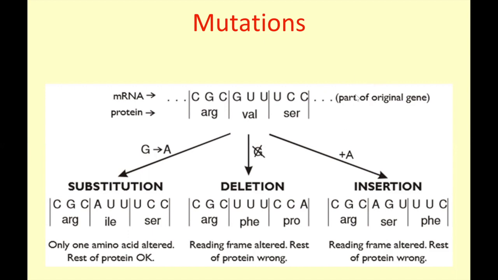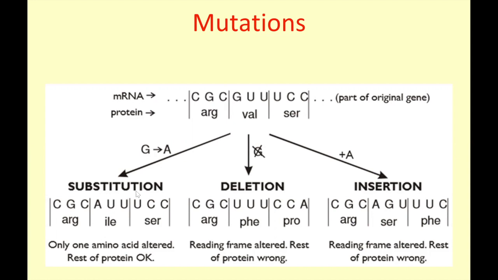Okay? So, when we're talking about mutations, folks, we're talking about substitution, deletion, and insertion. Okay? And so these are fairly obvious to understand what they mean. So look at this first one. We have substituted G for A. This is the original strand, CGC, GUU. So the substitution has occurred here. These codons obviously code for an amino acid.